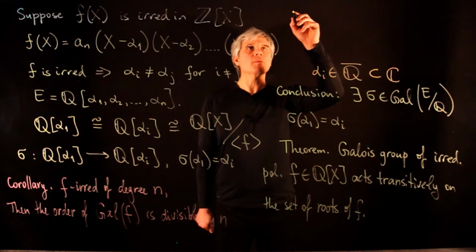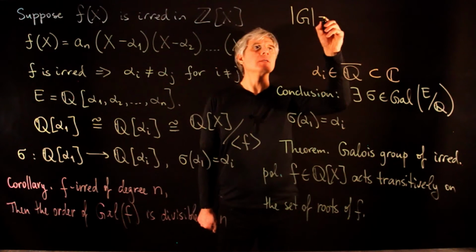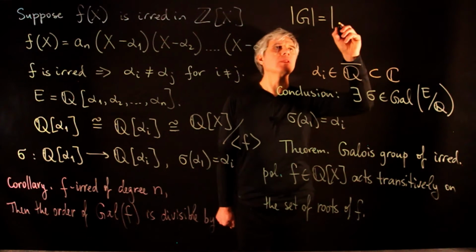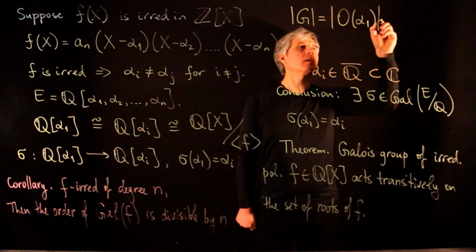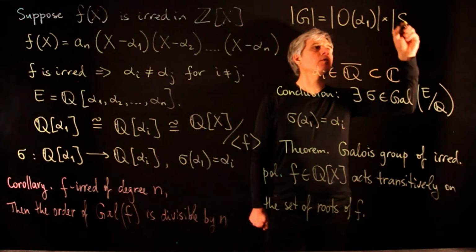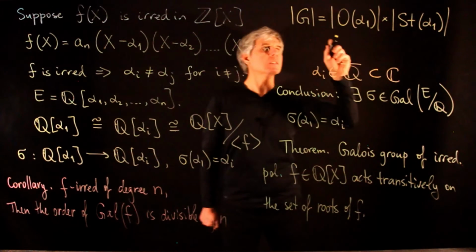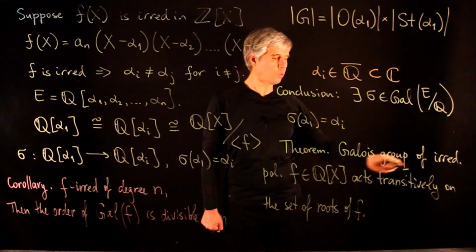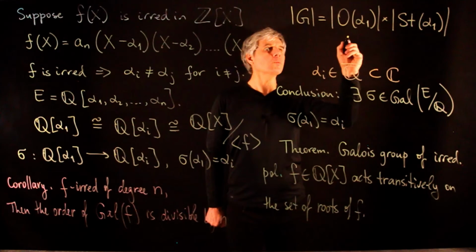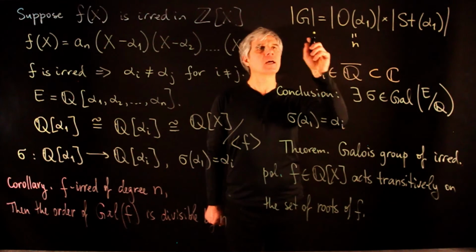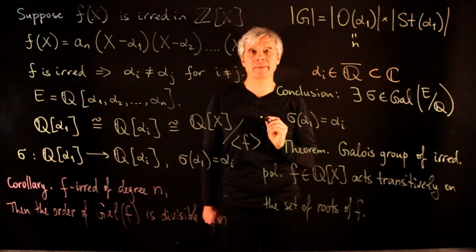This follows from our orbit-stabilizer formula, that the order of G is equal to the length of the orbit of an element alpha 1 times the order of the stabilizer of alpha 1. And since we said that the Galois group acts transitively on the set of roots, the length of the orbit is equal to n. And for this reason, the order of the Galois group is divisible by n.